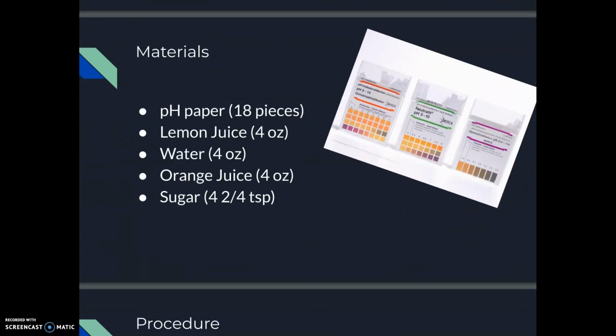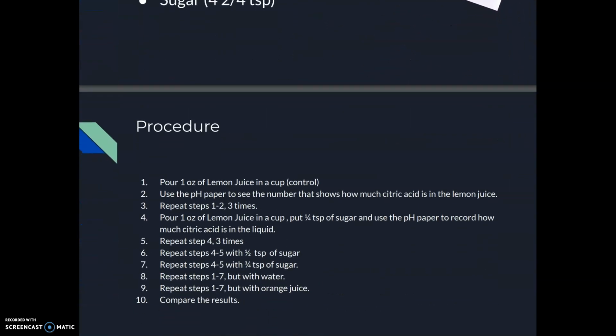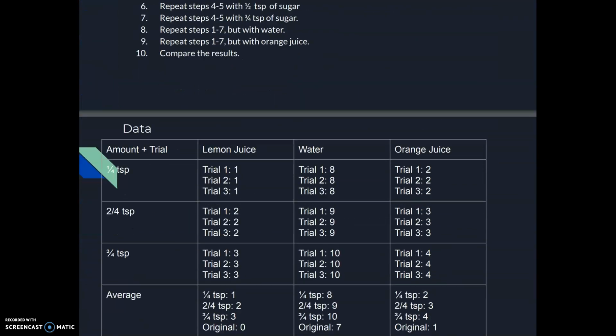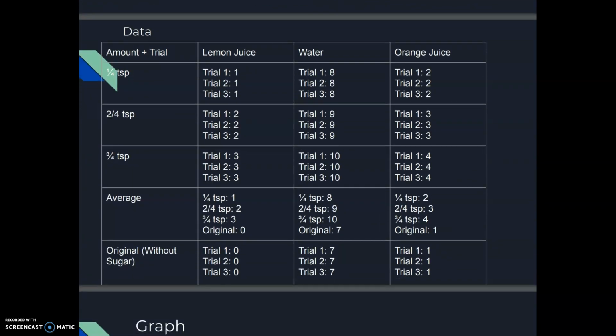Here are her materials: pH paper and the liquids and some sugar. Procedure: I assume when I review this, I'm gonna have you stop on this so you can take a look at the procedure. Looks very much like what we do in class. Data table, also put together like we do in class.